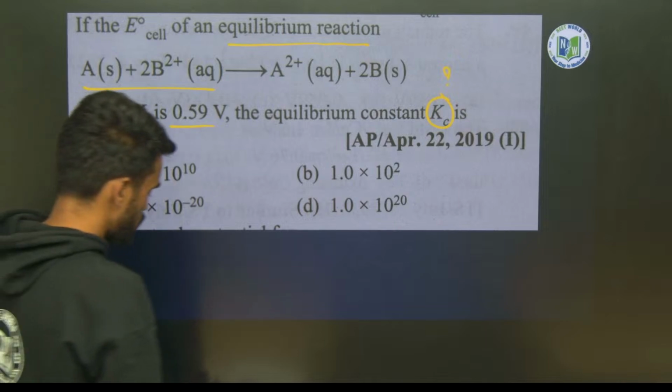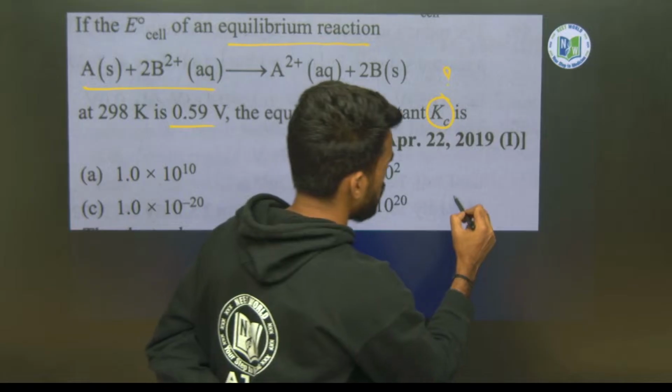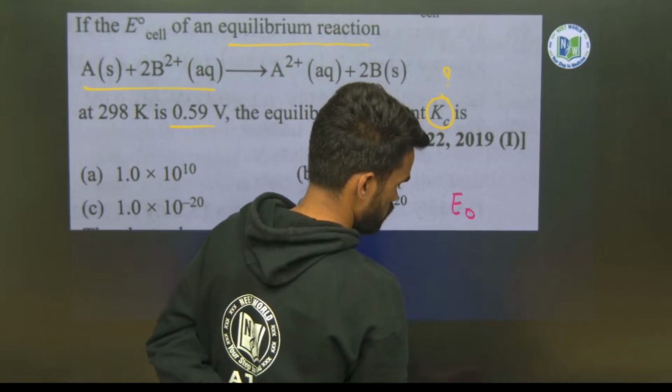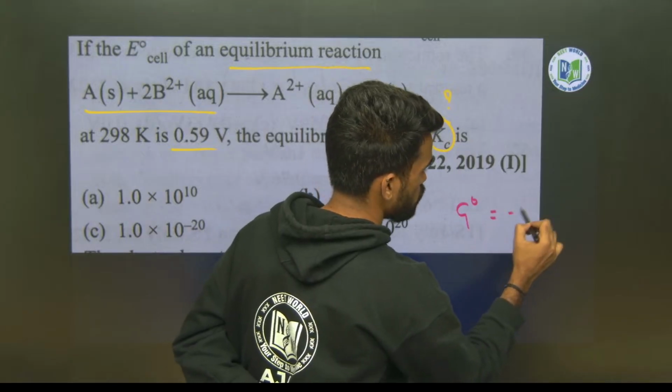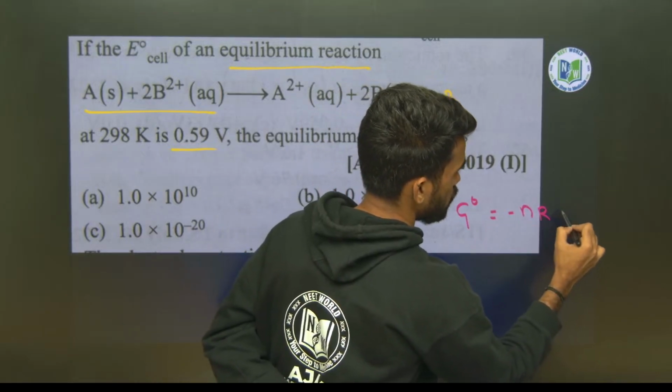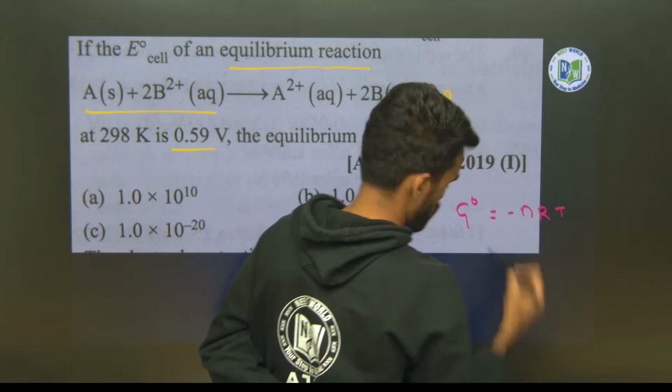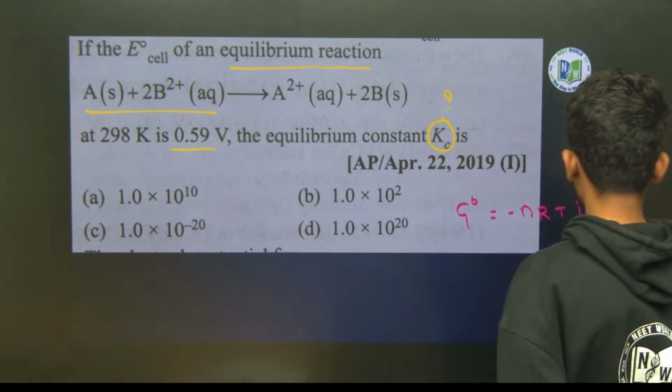So look here, from the basic equation, from where we are getting this E0 cell, delta G0 equals minus nFE0.